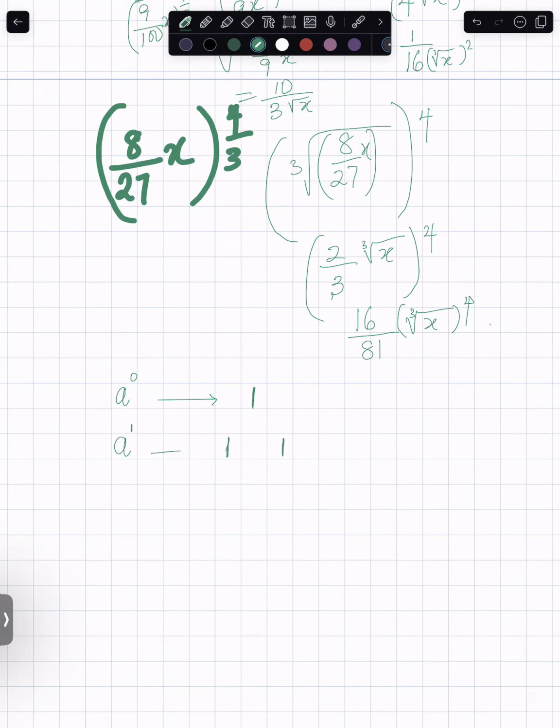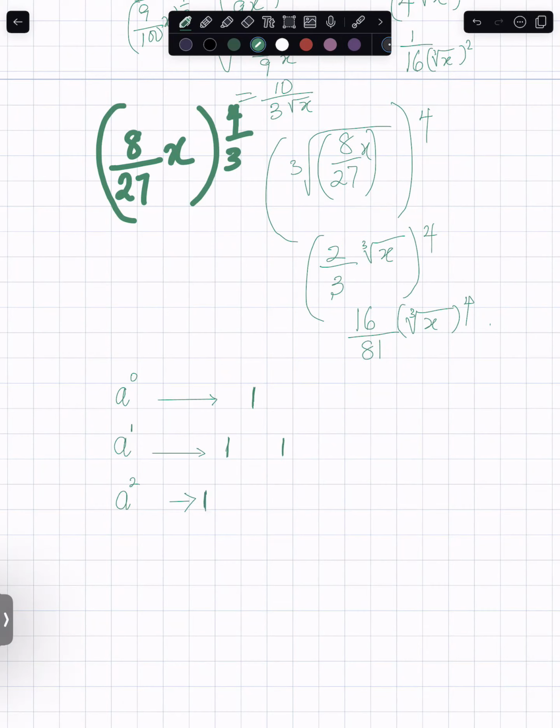So for any function raised to 1, it's 1 and 1. Then we move to when it is raised to 2. For example, you can have (a + b) raised to 2, or any number raised to 2. So we start with 1 here.